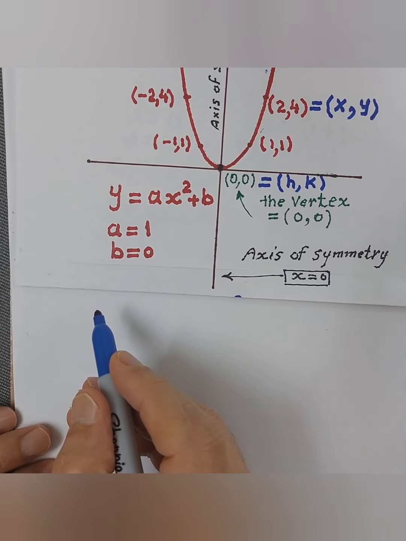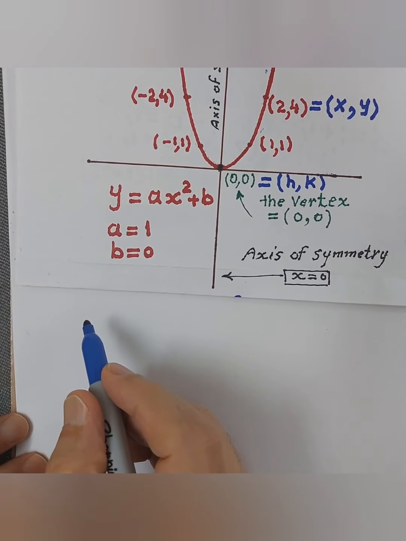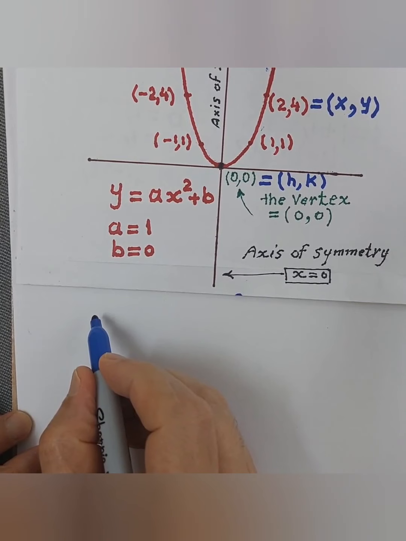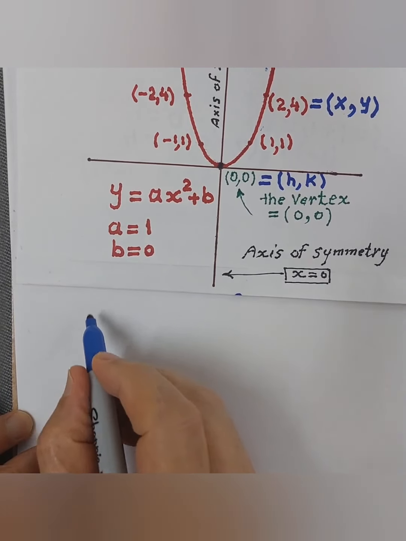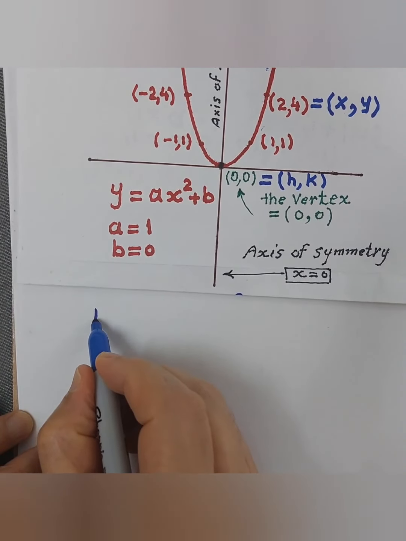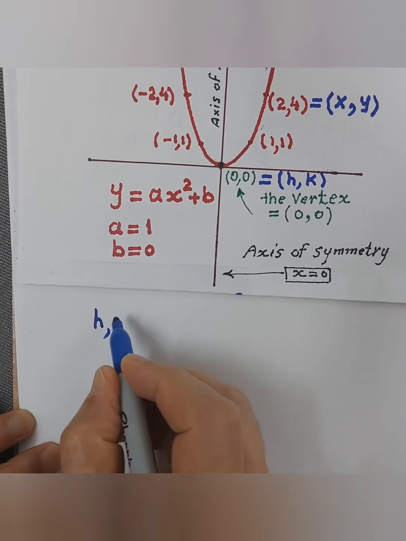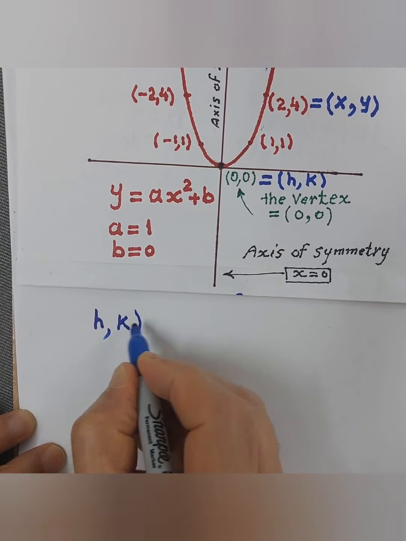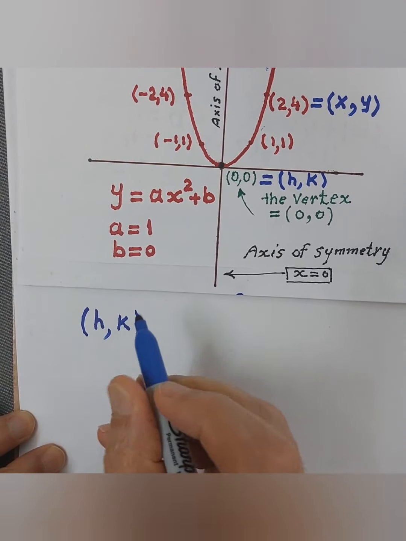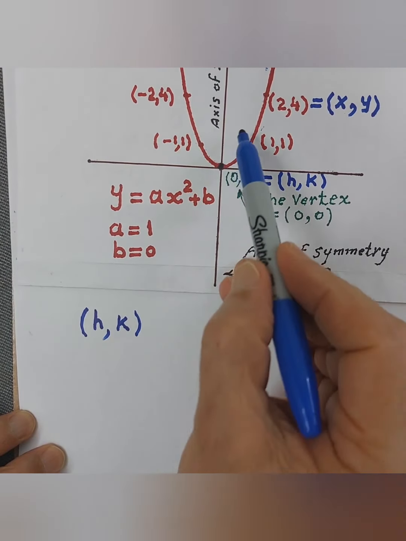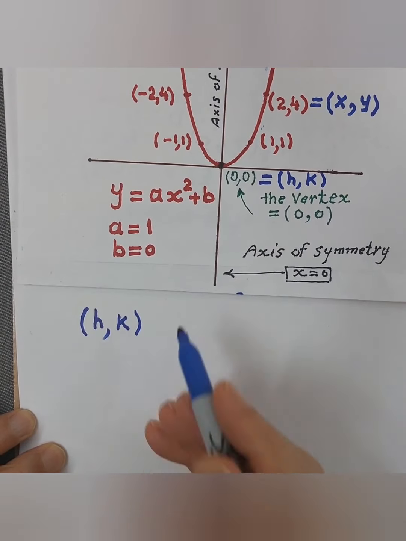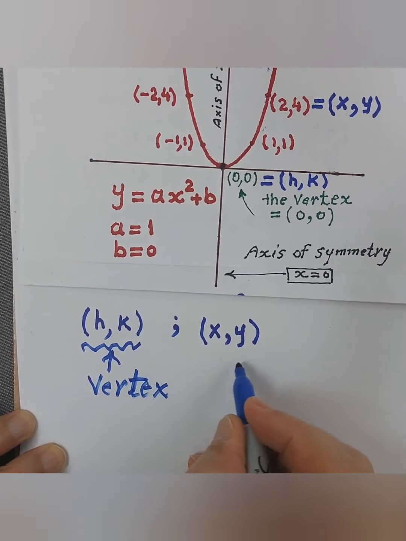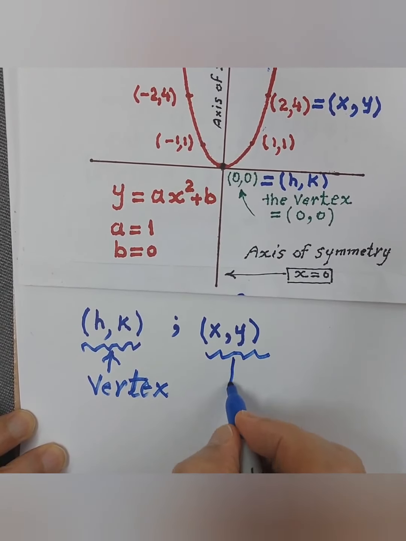To write the equation of vertex of parabola, we need to know at least the vertex point, which we can refer to by the symbols like H and K or any other symbols. So this H and K refers to the vertex point on this graph. And we take any general point like X, Y.